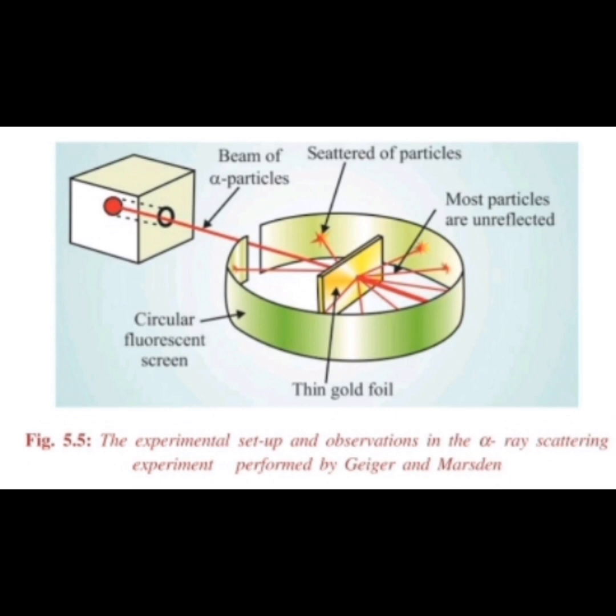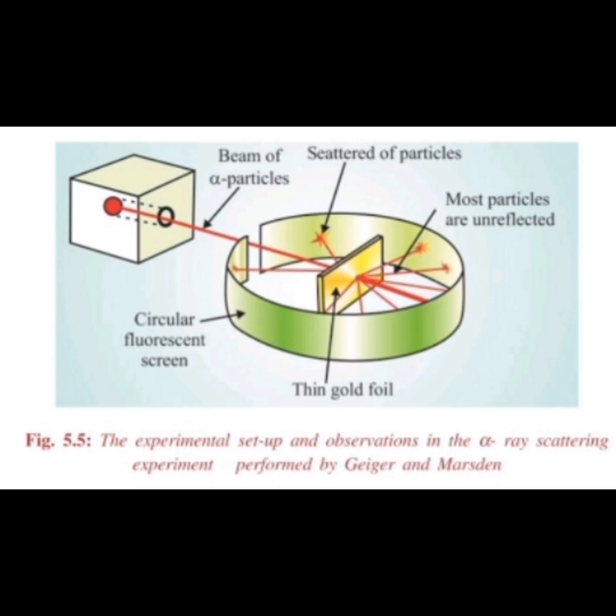Most of the particles were undeflected, then some were scattered. This is one of the important experiments, and Rutherford announced to the whole scientific community in 1911 that this is another model of the atom.